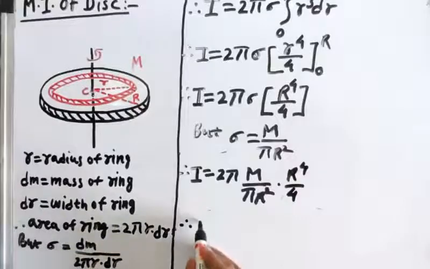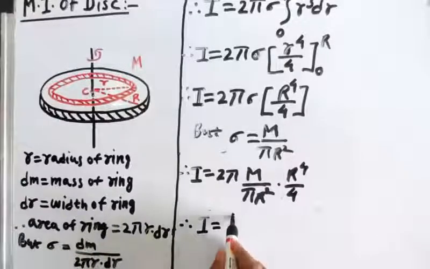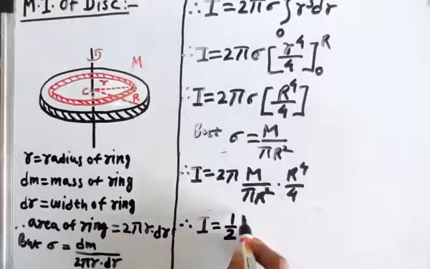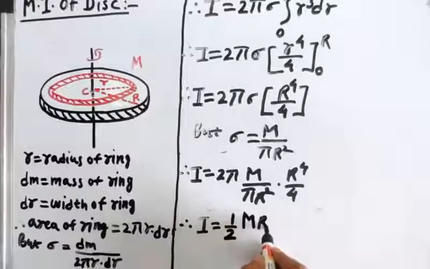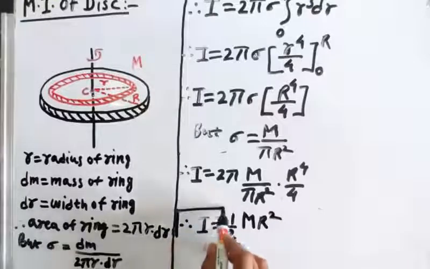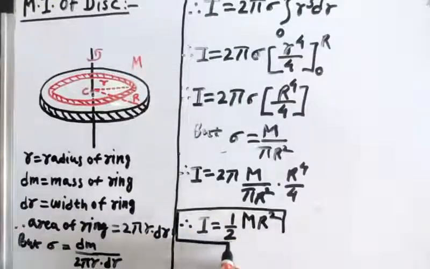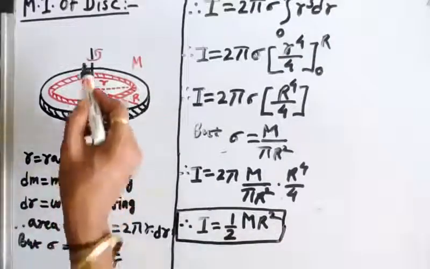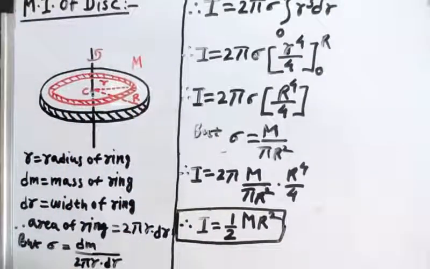Therefore we are going to get I is equal to 1 upon 2 M R square. This is the equation for moment of inertia of a disk about an axis passing through its center and perpendicular to its plane.